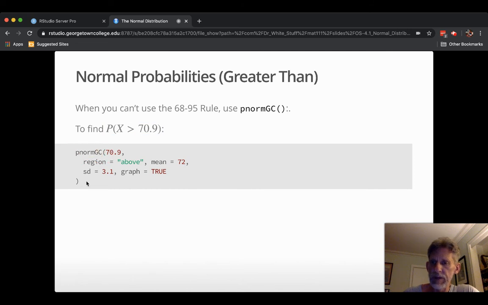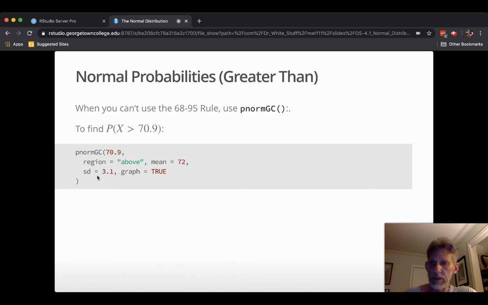pnormGC, parentheses, because you're going to use this function. And the first input is your boundary number, the 70.9. And then you want the probability that X is bigger than 70.9. So you say region is above the 70.9. Then you've got to say what normal curve you're asking about. Well, we're asking about the one where the mean is 72.